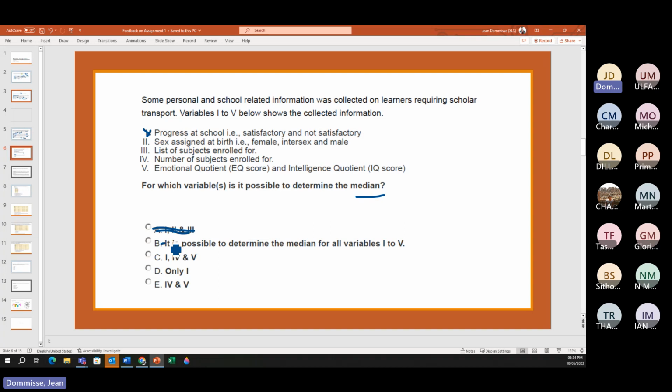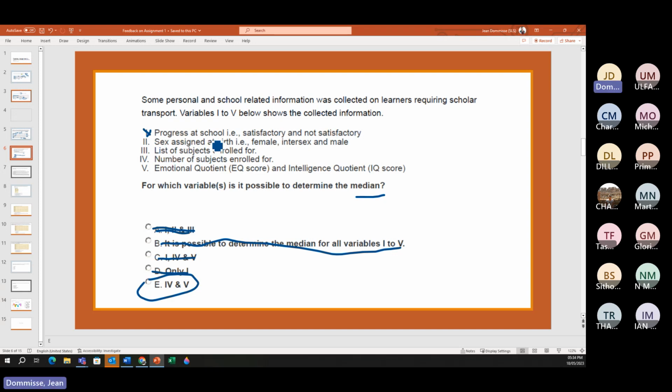We already said no, so that I can take away. Only one, no, it's also not. So by actually just looking at that, I already know that E must be my answer. But let's look at the other options as well.